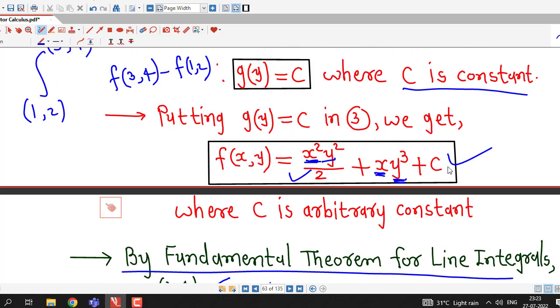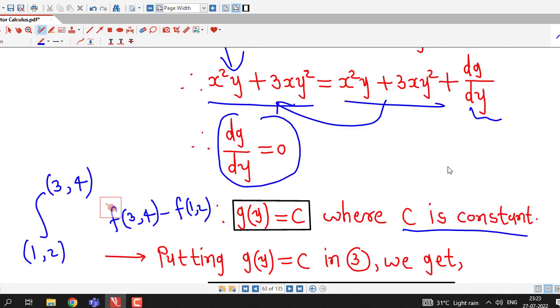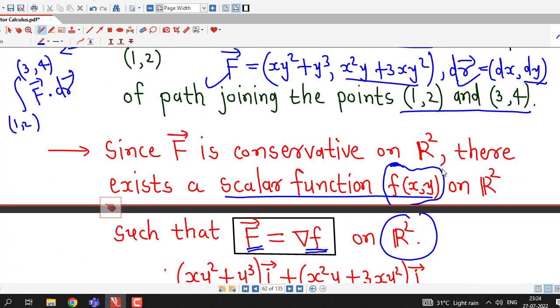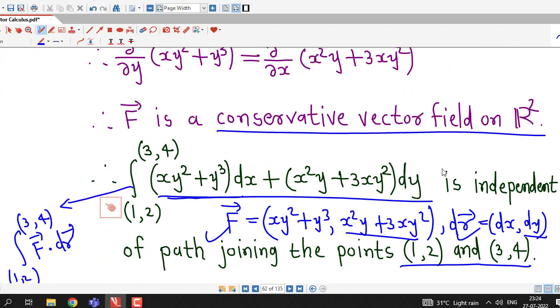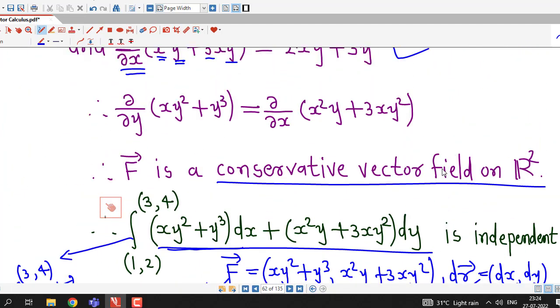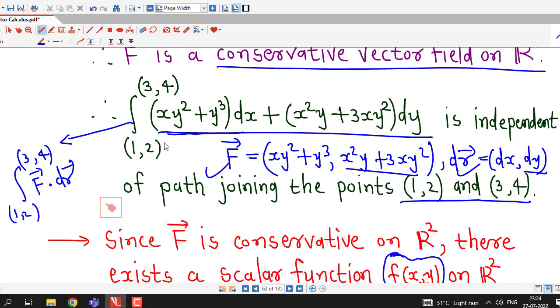So in this way we can use the fundamental theorem for line integrals to find the value of the integral, and whenever we have this type of problem, the underlying vector field will always be conservative.